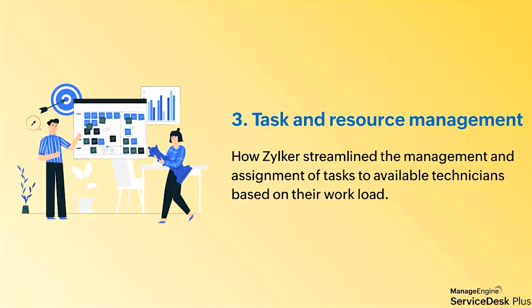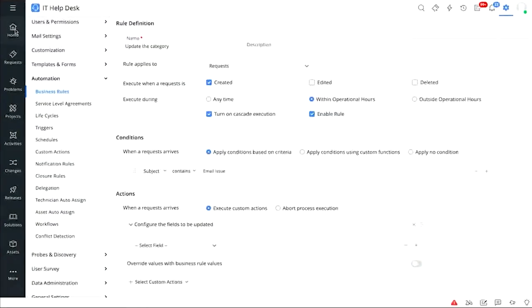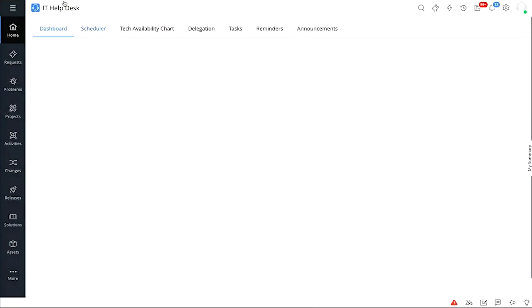As their service level agreements took a hit, a lot of KPIs took a hit, and for that reason, ServiceDesk Plus Cloud could have helped the Zilker organization manage their workloads with the help of the technician availability chart. I click on Home, and under Home, I will have the technician availability chart.